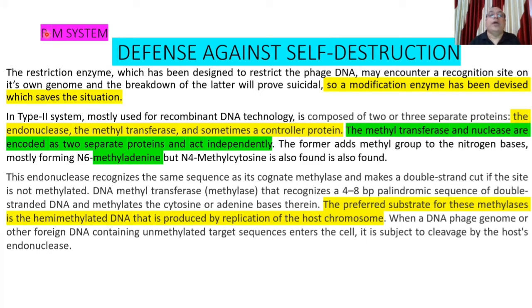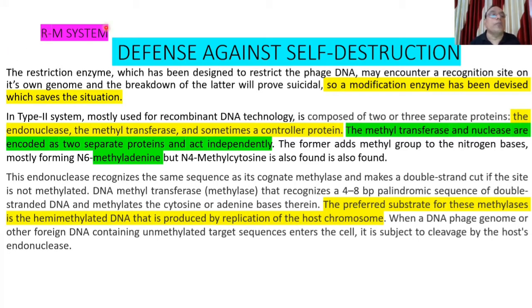In type 2, though it does not have the ability to add a methyl group, it has a sister enzyme, transmethylase, which causes addition of methyl group to the recognition sites, and thereby recognition sites are saved from being attacked by their own restriction enzymes.